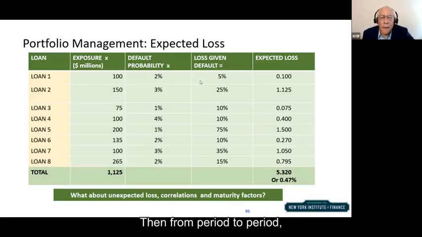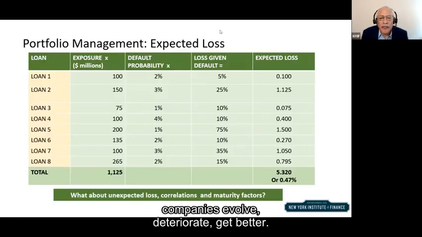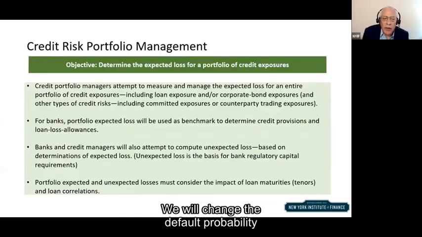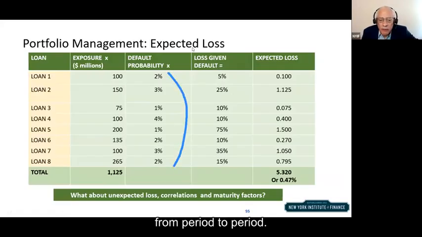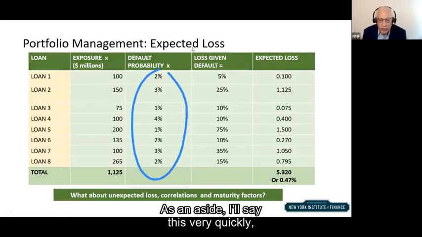And then from period to period, companies evolve, deteriorate, get better. We will change the default probability from period to period. As an aside, I'll say this very quickly.